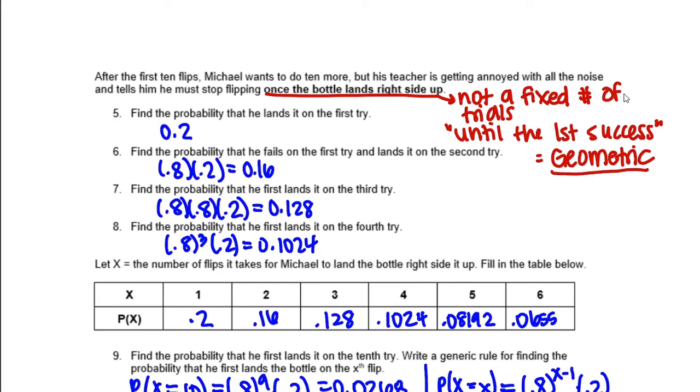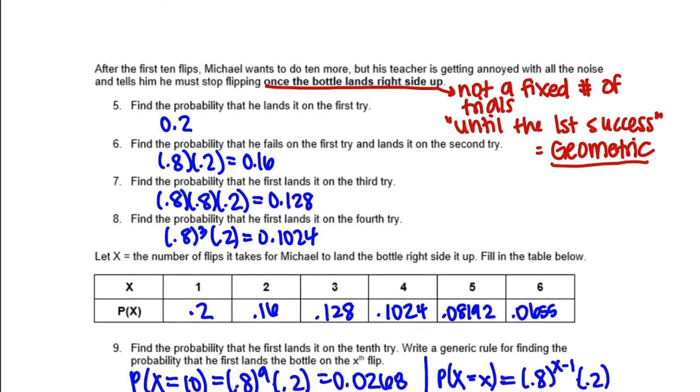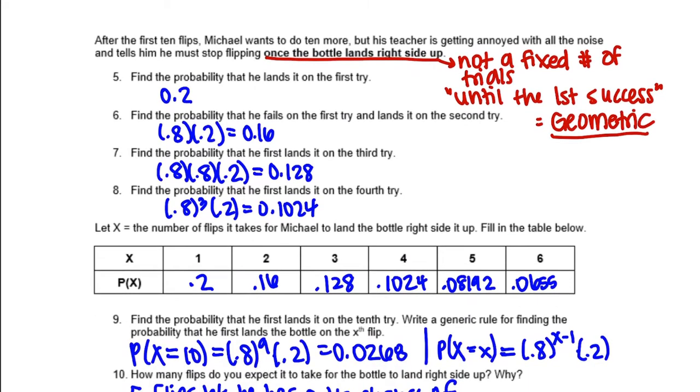All right, a couple more things that we want to address here. First, geometric distributions will have the phrase until the first success.